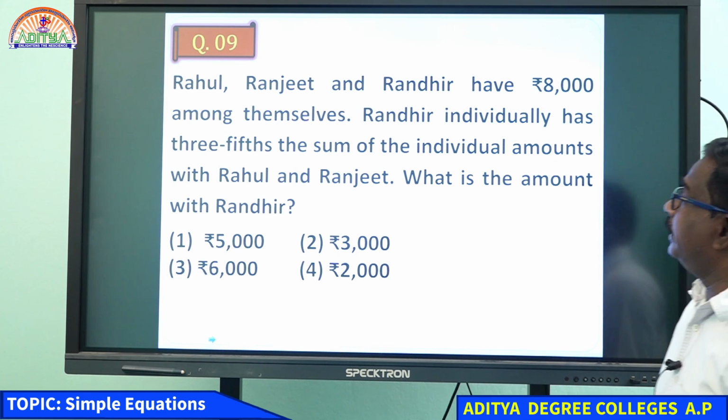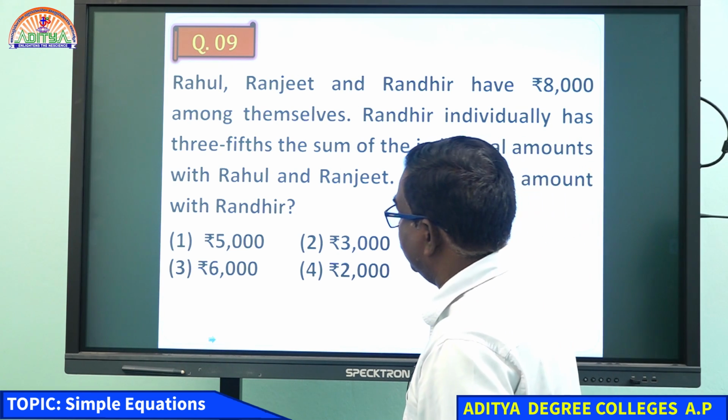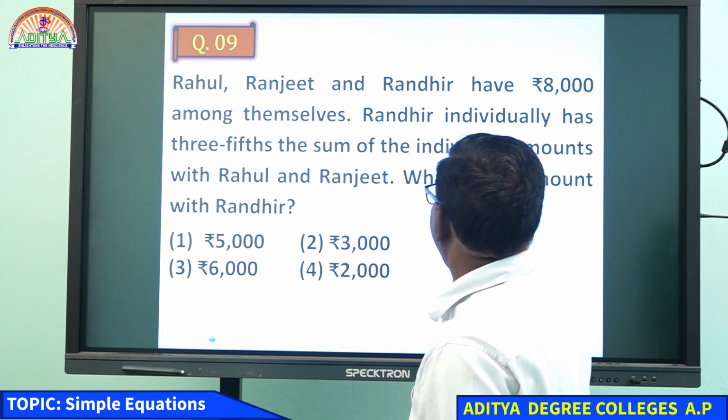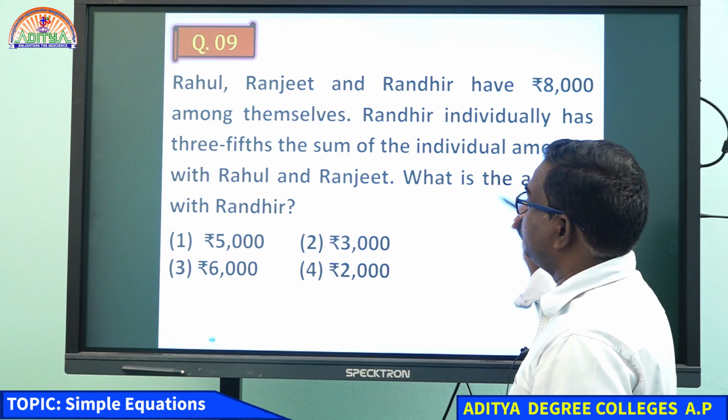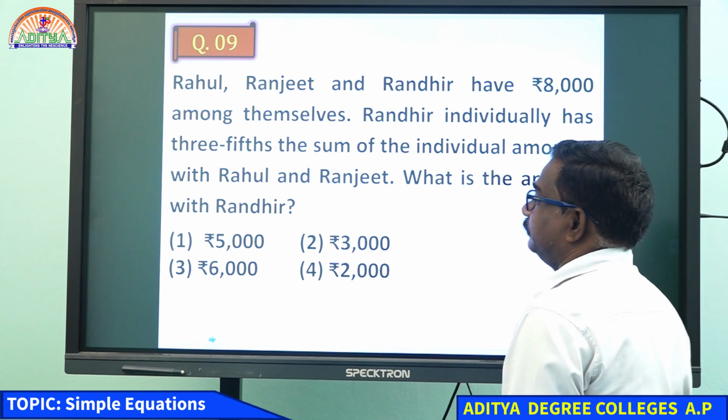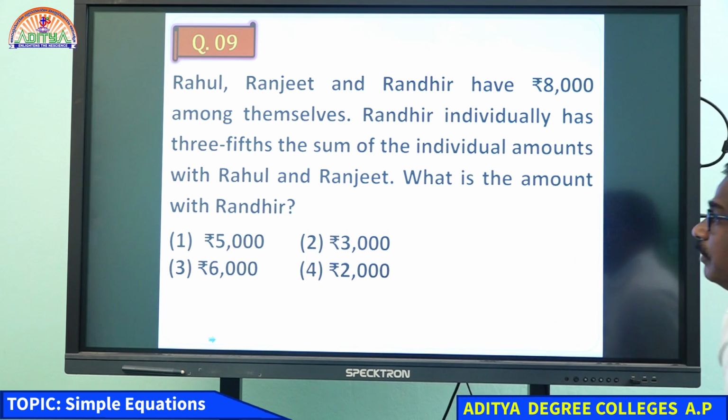Rahul, Ranjit and Randhir have 8,000 rupees among themselves. Randhir individually has 3/5 of the sum of the individual amounts with Rahul and Ranjit. So what is the amount with Randhir is what is asked.